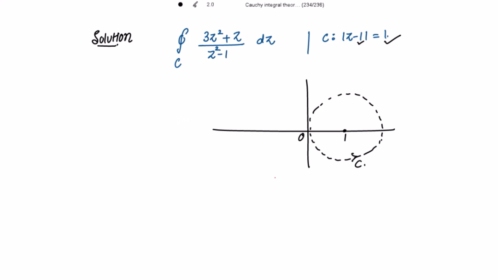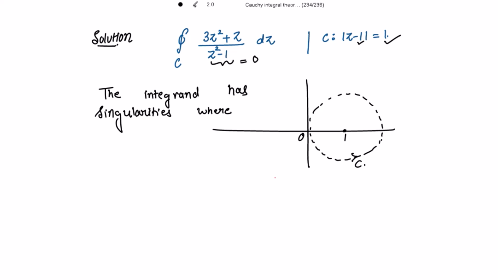Now we need to find the points where this integrand is not analytic, or the points where the function is not defined, the singular points. So the integrand has singularities where the denominator is equal to 0.